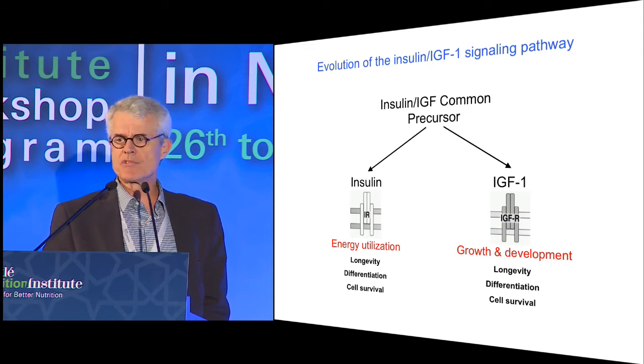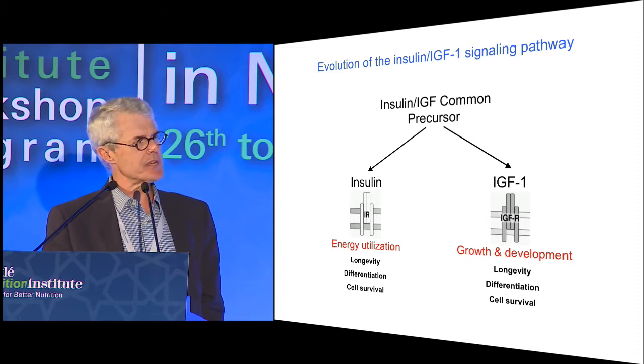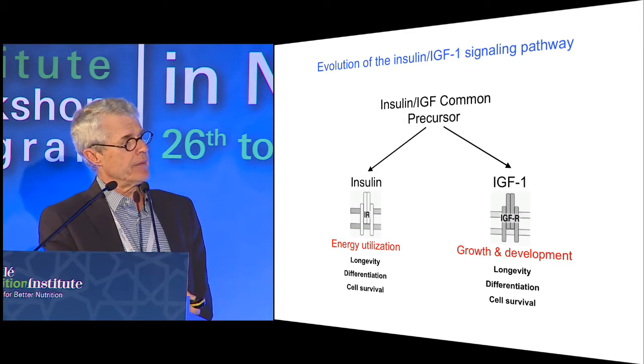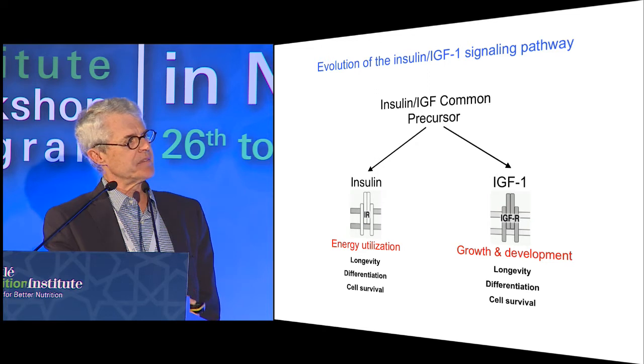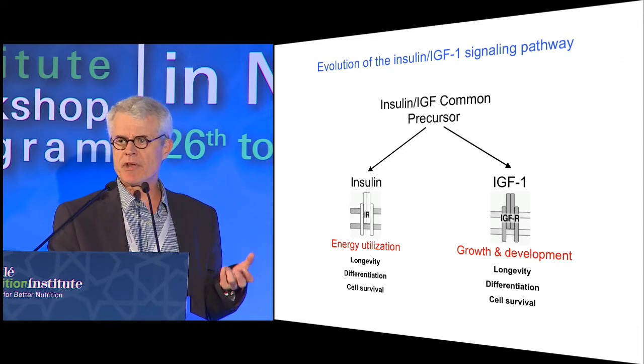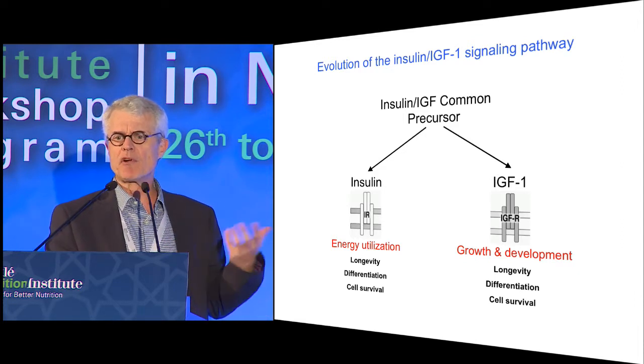In fact, in worms and flies, they're a single receptor with many ligands. But as we diverged, they became two separate receptors and are served by different ligands, insulin and IGF-1. And we tend to think of insulin as an energy regulating molecule, and IGF-1 is more of a growth and differentiation molecule, but that is very simplistic, and the fact is there's still a lot of overlap in the pathway.